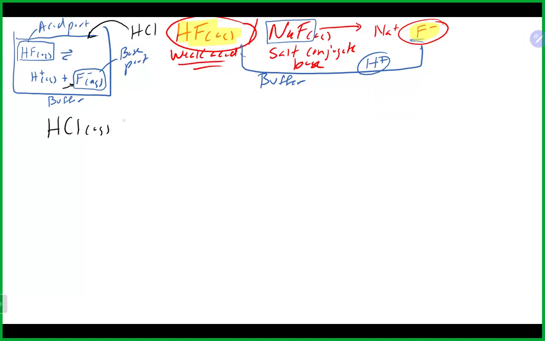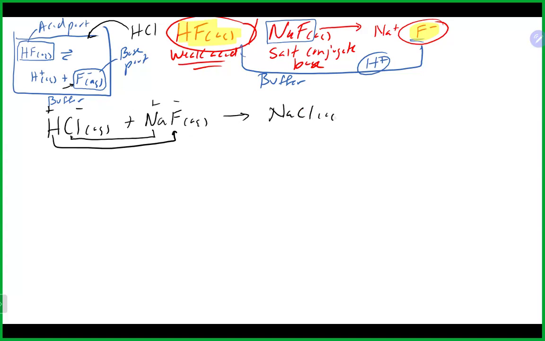Now you can leave the sodium on there if you like, or you could take it off. It is your choice. But it's basically going to do a double displacement reaction here, and we're going to switch partners. It's going to make sodium chloride and HF.